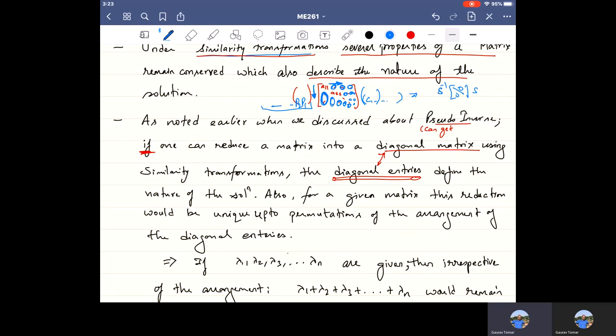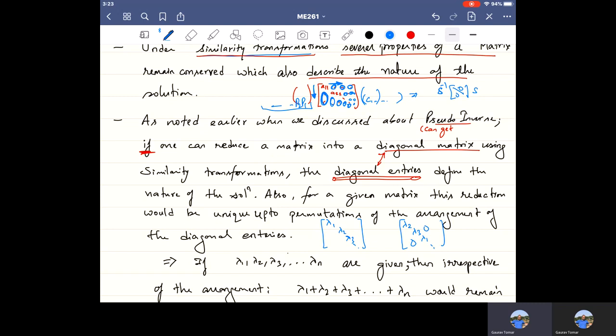So now, having said that, when you are doing these operations, different people will go about it differently. So of course, the final form of these diagonal entries may be different. Somebody may obtain by these operations lambda 1, lambda 2, lambda 3, and so on. And somebody else doing similar operations in a different way may end up getting lambda 2, lambda 3, lambda 1.